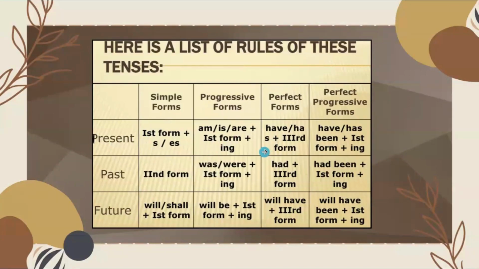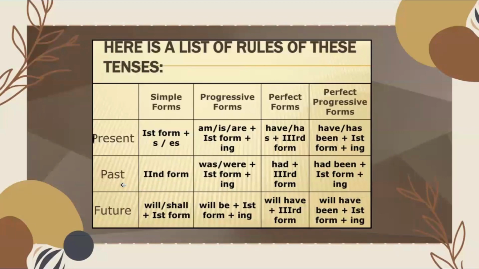In present perfect forms, we use the auxiliary have or has plus the third form of verb, whereas in present perfect progressive forms, we use the auxiliary have, has been, plus the first form of verb including ing.